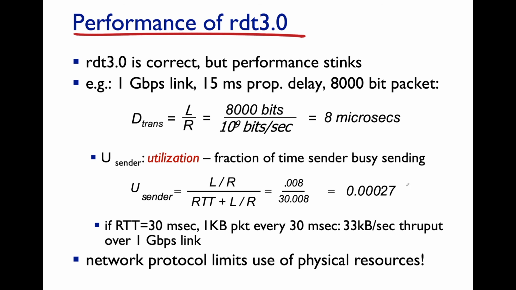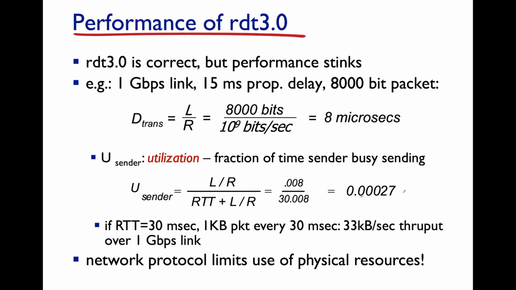And so if the round trip time is 30 milliseconds, that means that every 30 milliseconds, we're sending a 1 kilobyte packet, or 8,000 bits, if we have a 30 millisecond round trip time. So that's 0.008 over 30.008, which is an absolutely minuscule utilization. That utilization is 0.027%, which is absolutely horrible.